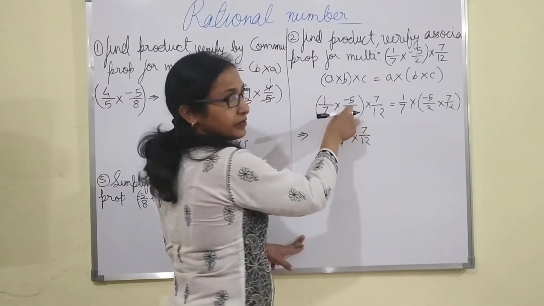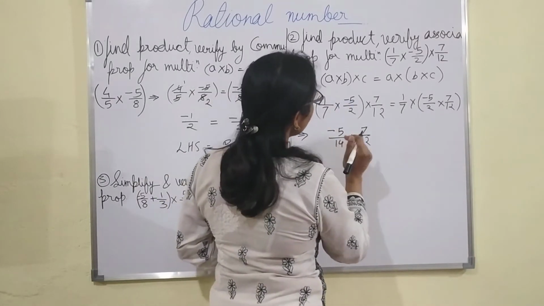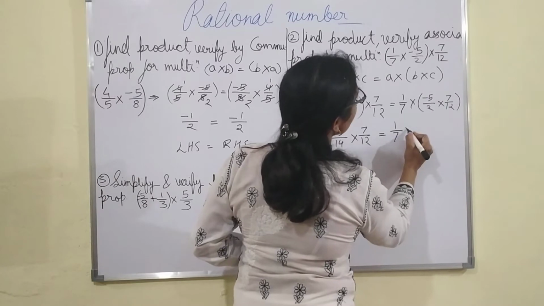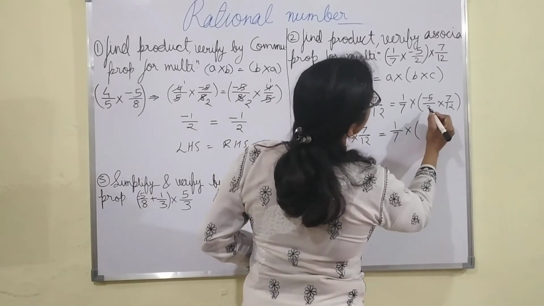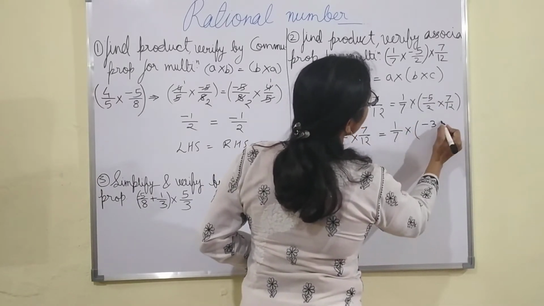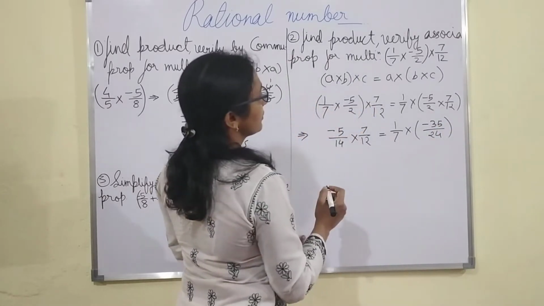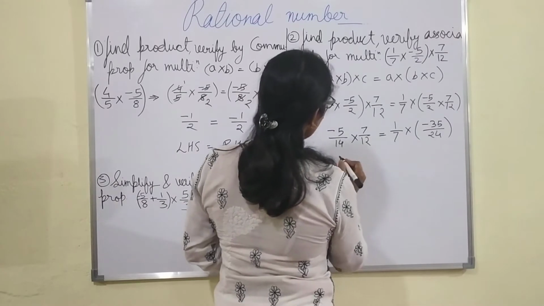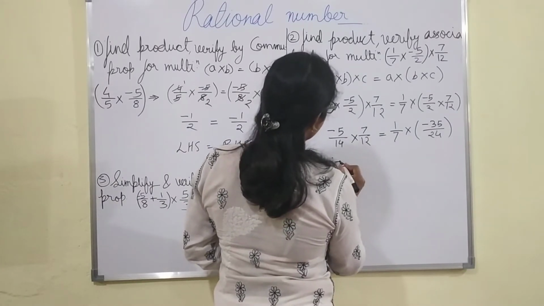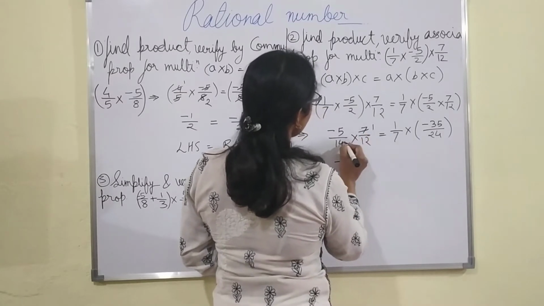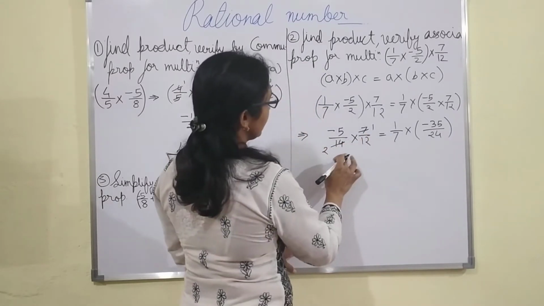First we will solve this bracket. So minus 5 upon 14 into 7 upon 12 equals 1 upon 7 into minus 35 upon 24. Okay. So now 7 ones are 7, 7 twos are 14.